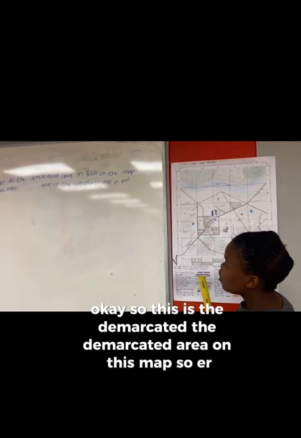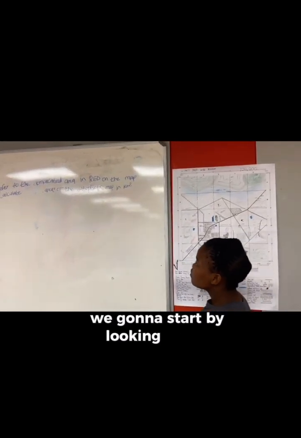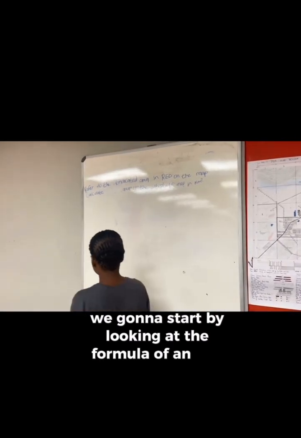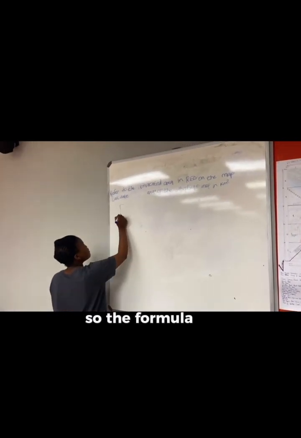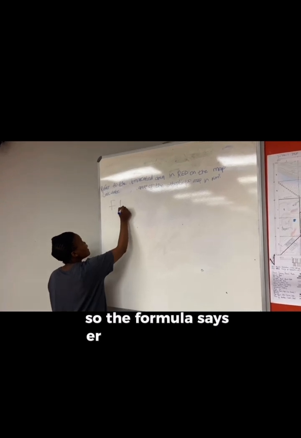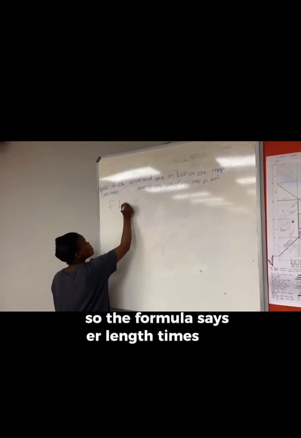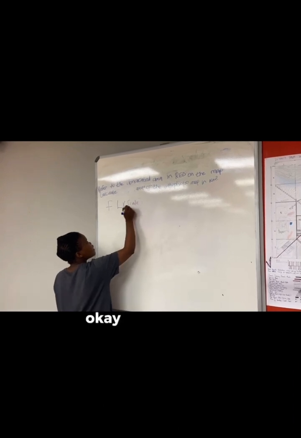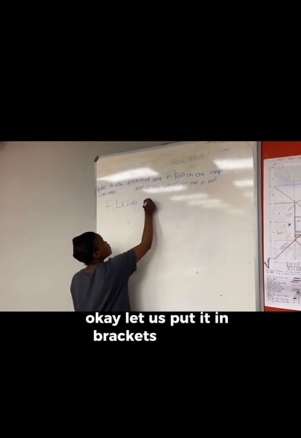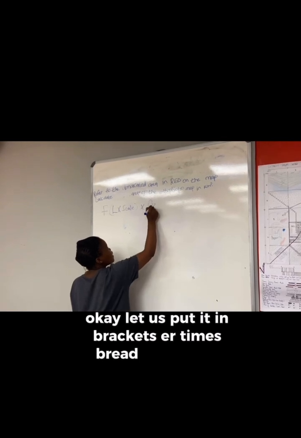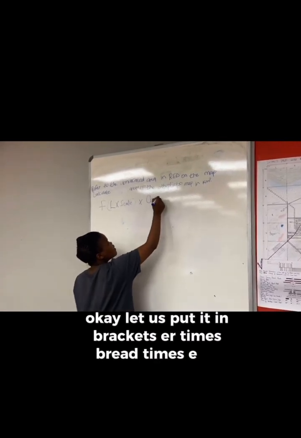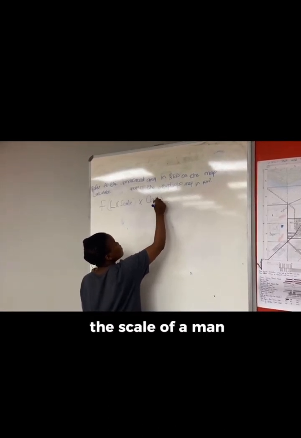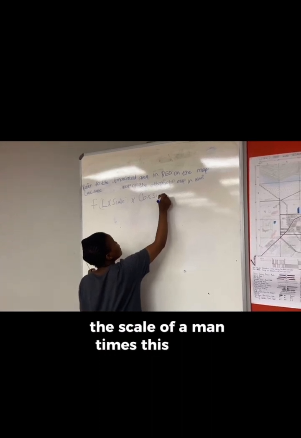So we're going to start by looking at the formula of an area. The formula says length times the scale of a map, let us put it in brackets, times breadth times the scale of a map.